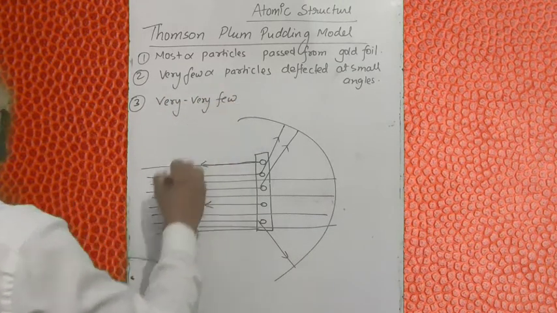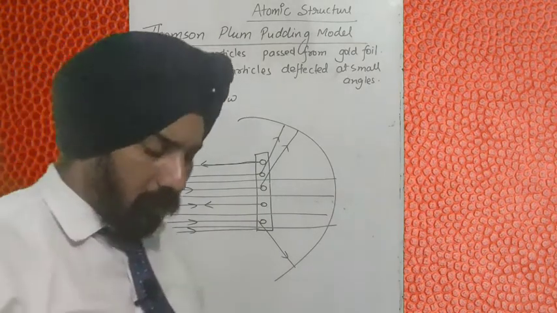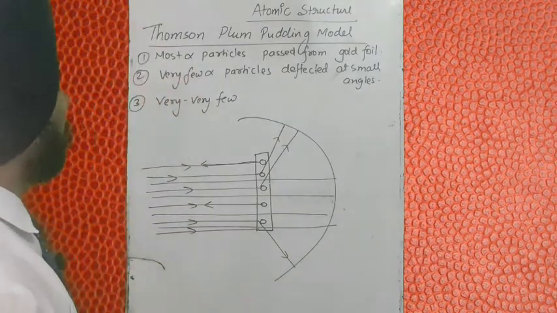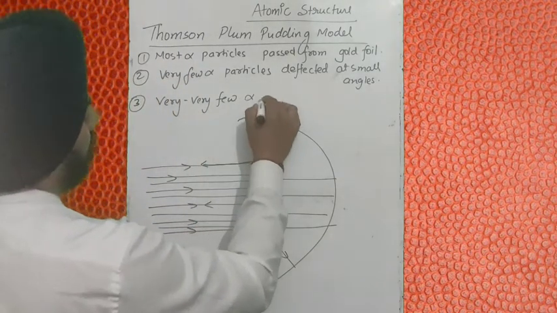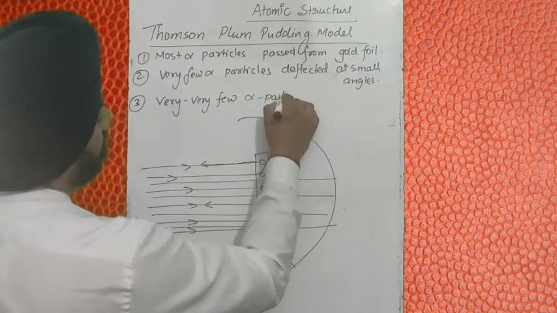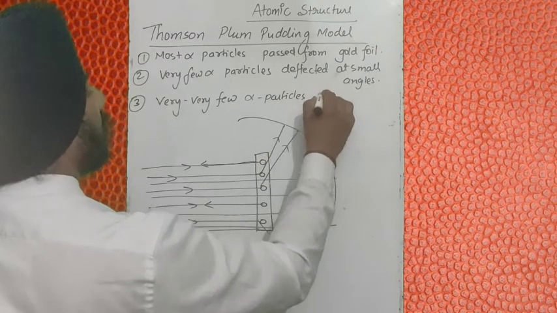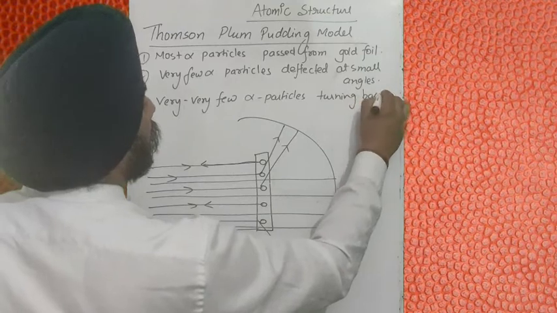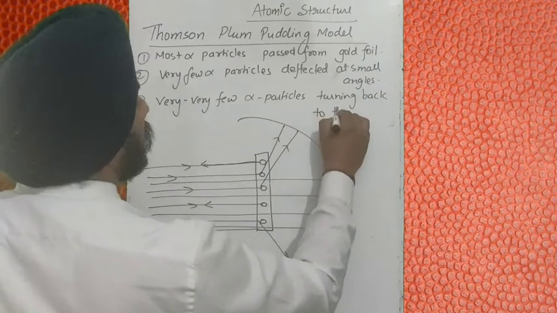Somewhere it is written 1 out of 20,000, somewhere it is written 1 out of 12,000. So very few alpha particles turned back to their original path.